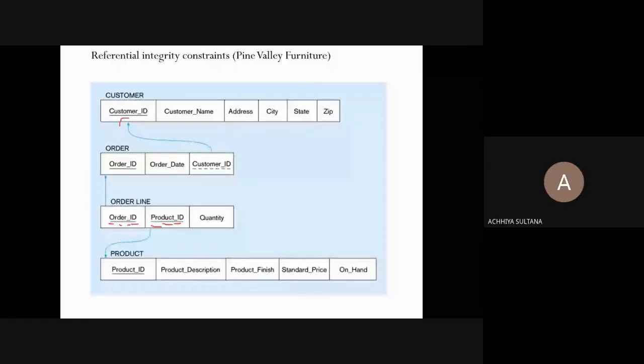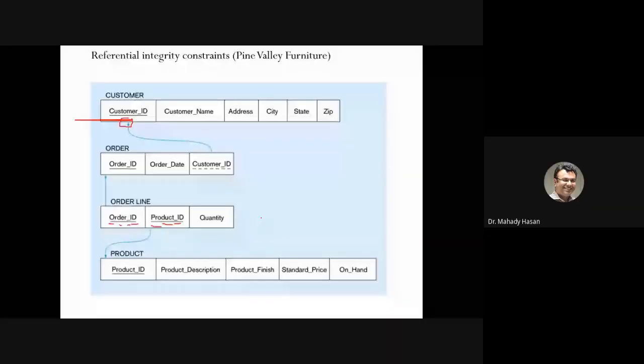Yes, the arrow is pointing to the source or the primary key. Similarly, here there is an arrow which is pointing to the source or the primary key. Here there is an arrow which is pointing to the source or the primary key. So these also identify this is a what? This is a primary key. Sir, which one, sir?